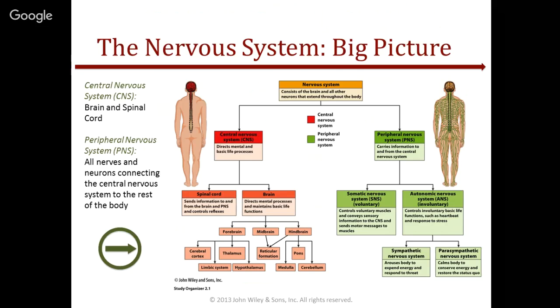So you have your central nervous system, if you're looking at the left, where it is primarily within your spinal cord, connecting to your brain. And it helps direct mental and basic life processes, while your peripheral nervous system carries throughout your entire body and carries that information from the central nervous system and then outward to the rest of the body.